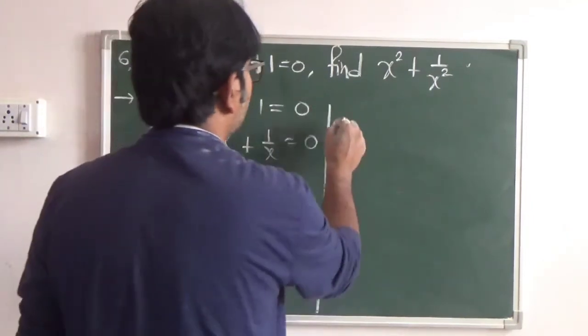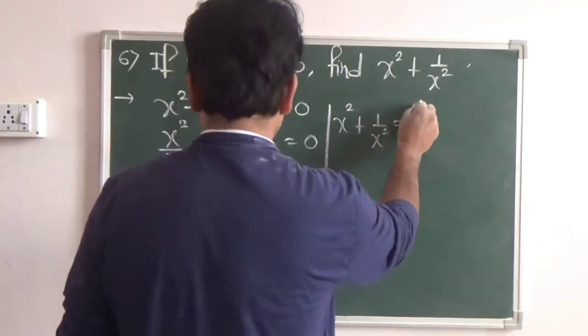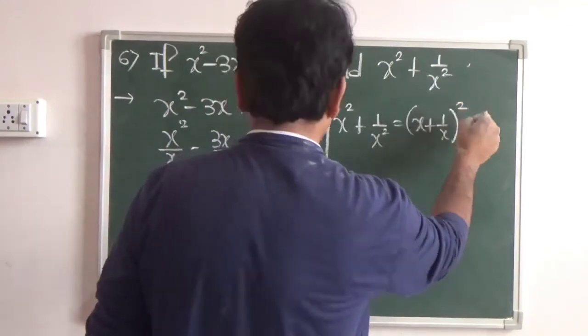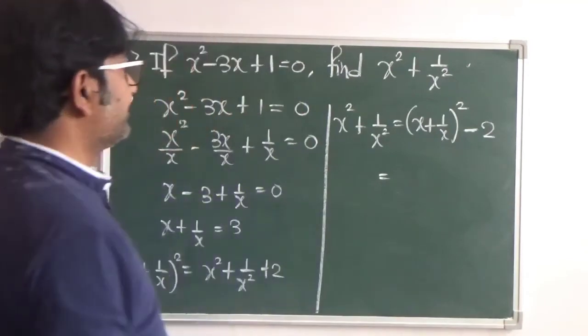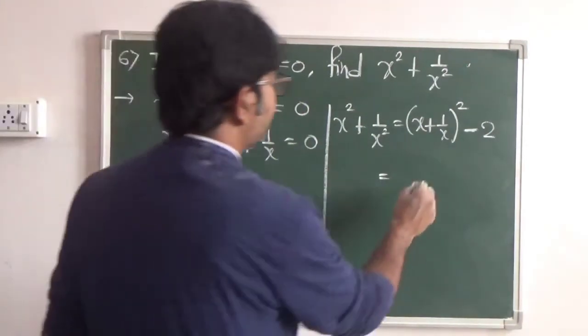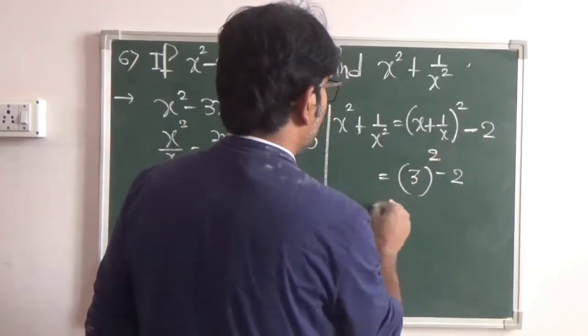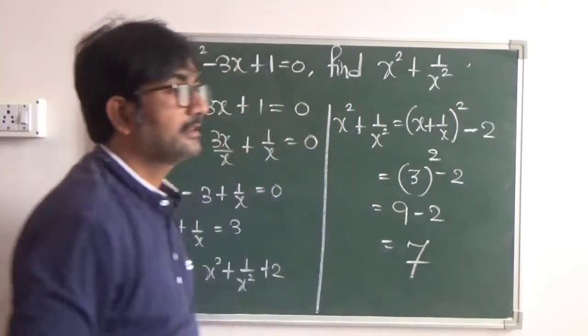So we have x square plus 1 by x square is equal to x plus 1 by x whole square minus 2. So that is x plus 1 by x is 3. So this is 3 square minus 2. That is 9 minus 2 and that comes to 7.